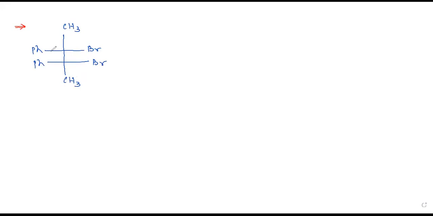Say this, of course, is meso. You can also call it erythro isomer. Erythro when two similar type of atoms are on the same side. Erythro, of course, meso, because the connectivity is same in case of both the asymmetric carbons.